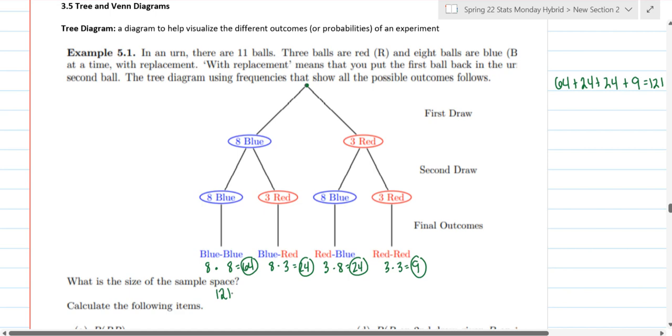There is an easier way to do the calculation for sample space, though. That is the number of possible outcomes raised to the number of experiments.